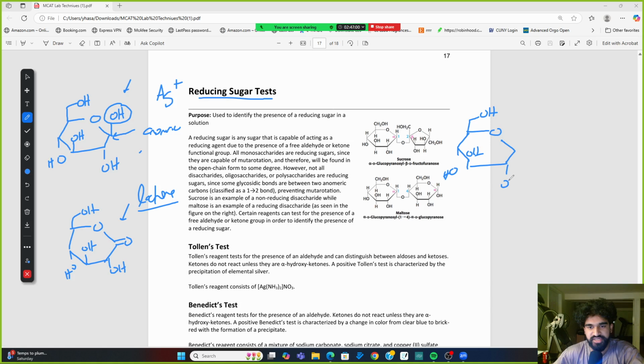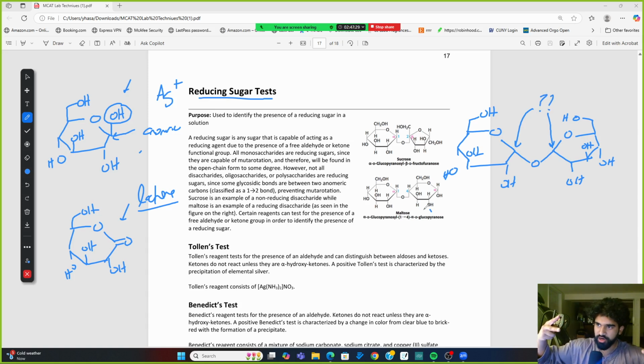Oh God, I'm rusty. Come on, man. Is that a reducing sugar? No, it's not. There's the anomeric carbon. Where are the OHs?